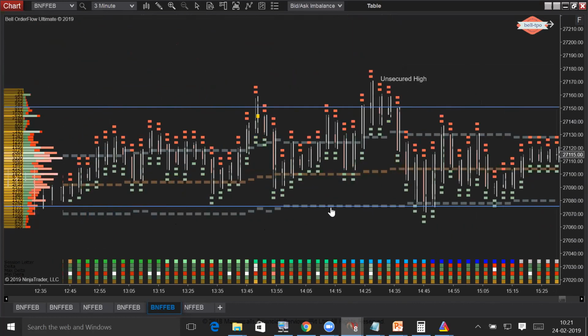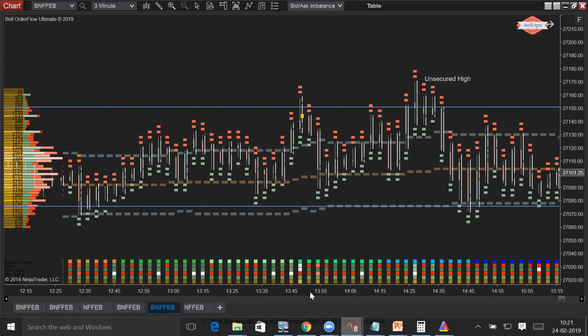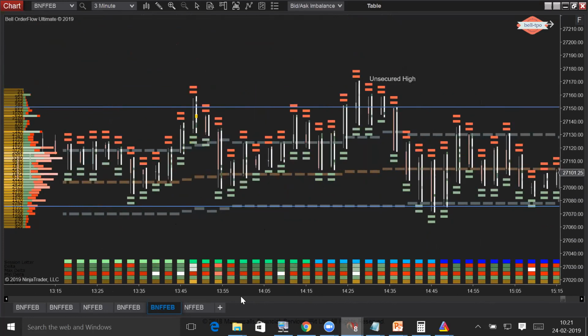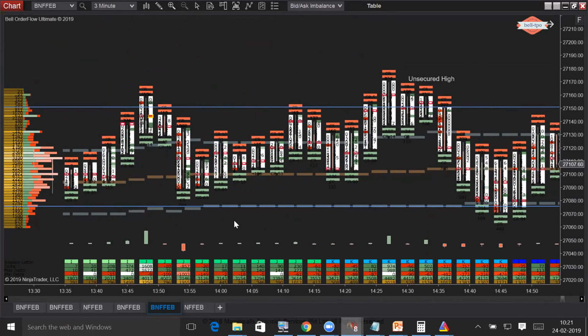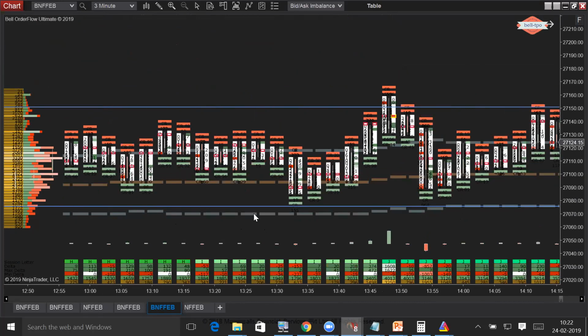Not much of delta going negative with the day high. How about this one? It's mostly positive.